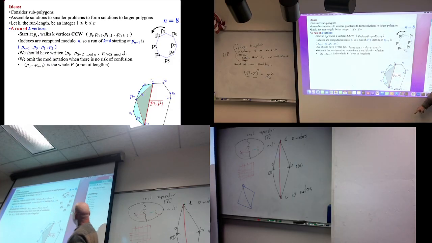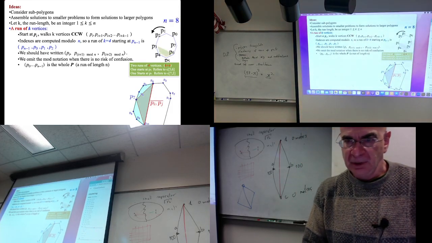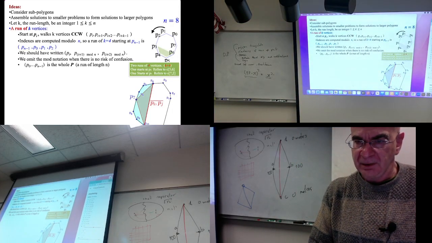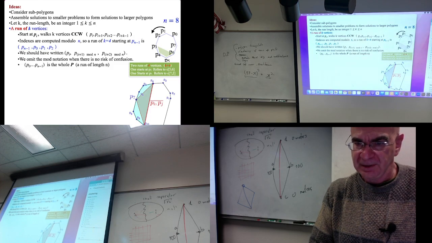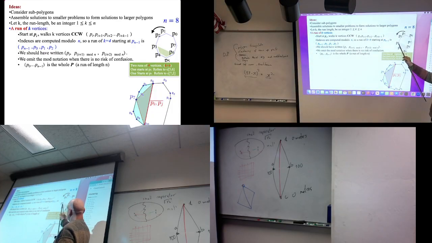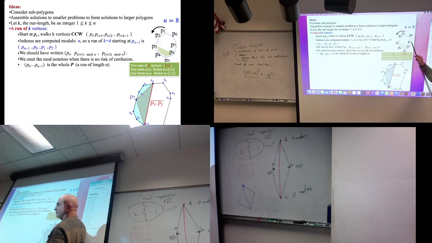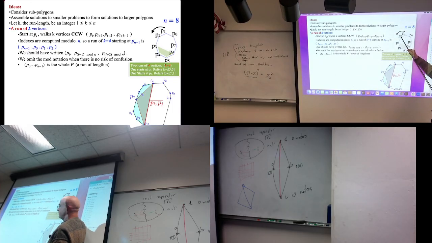So if I start this animation that is completely useless, and I look at a run of 4 vertices, then if I start at P3, it will include P4, P5, P6. And if I start at P7, for 4 vertices, it will be P7, P8 modulo 8, making it P0, P1, and P2.